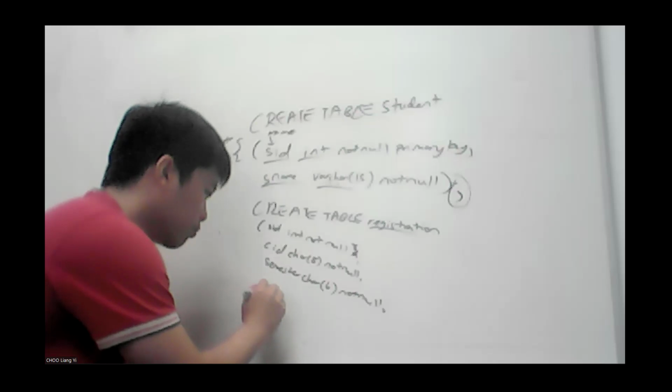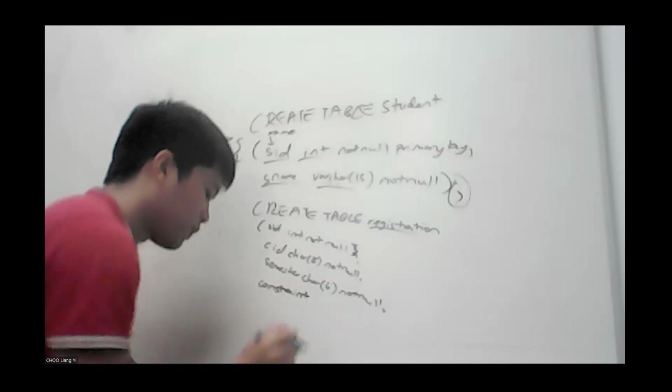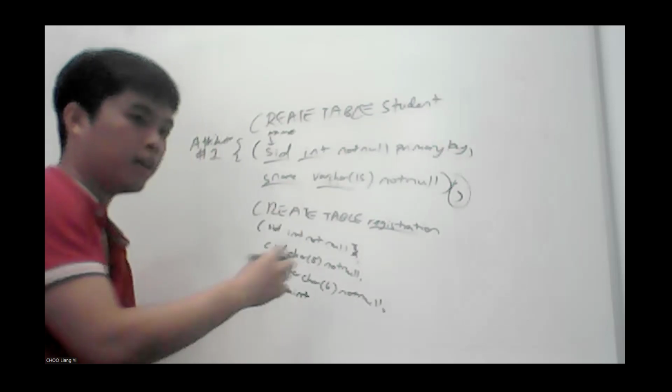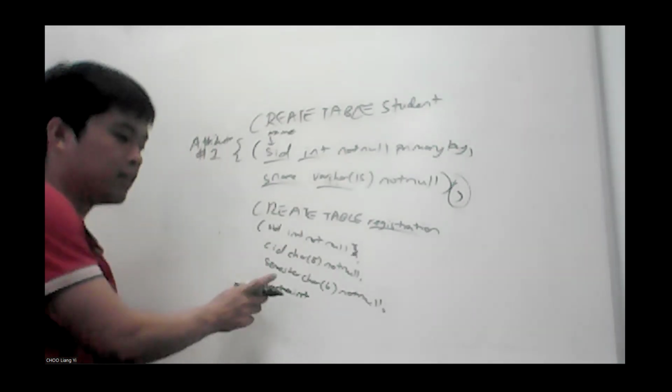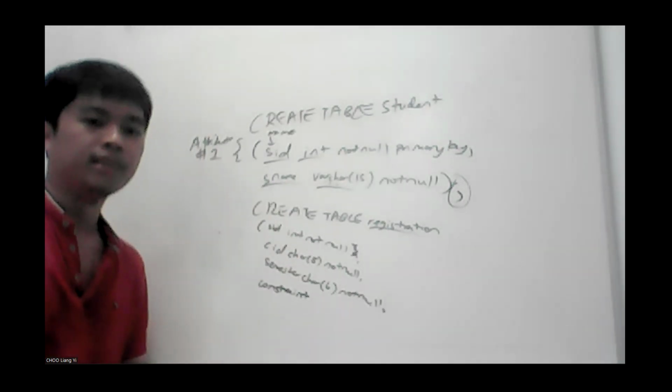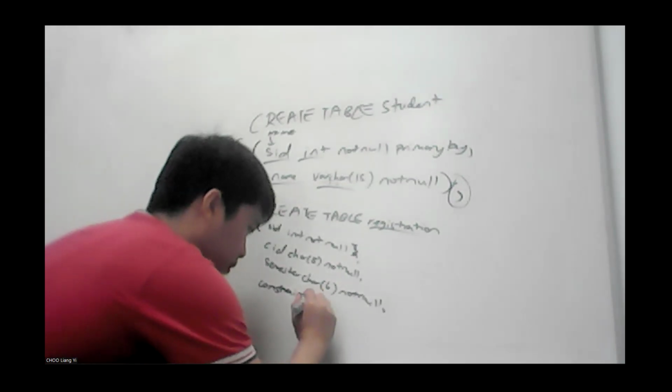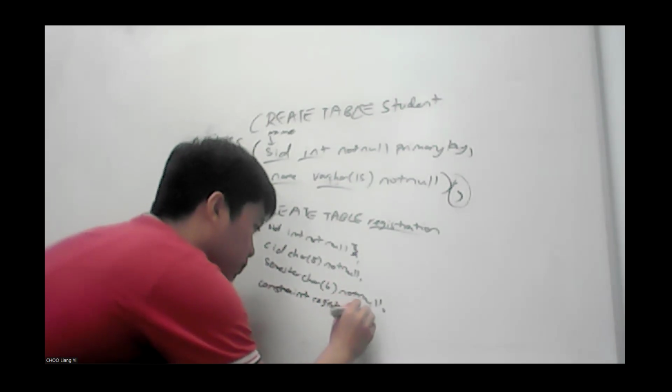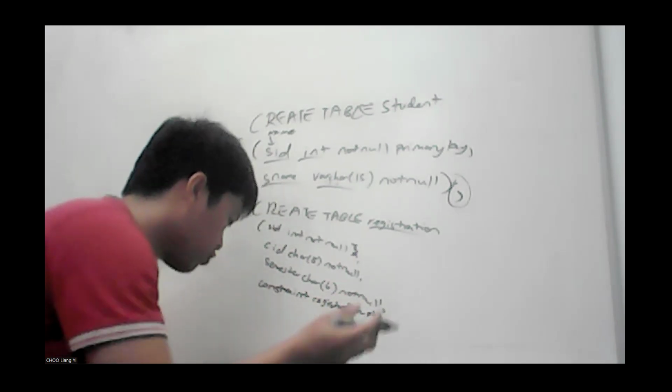You start with the word constraint. Every time you define something, you start with a keyword, then the name you want. Registration key, so registration primary key.